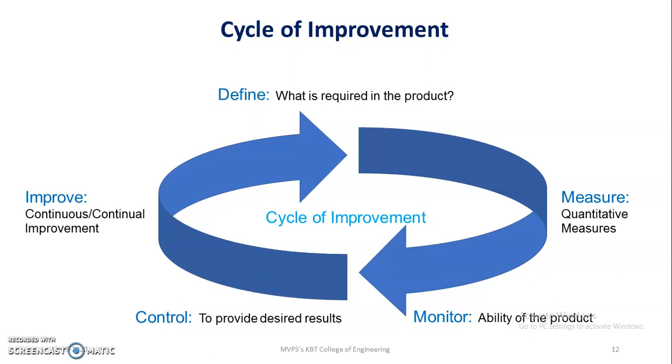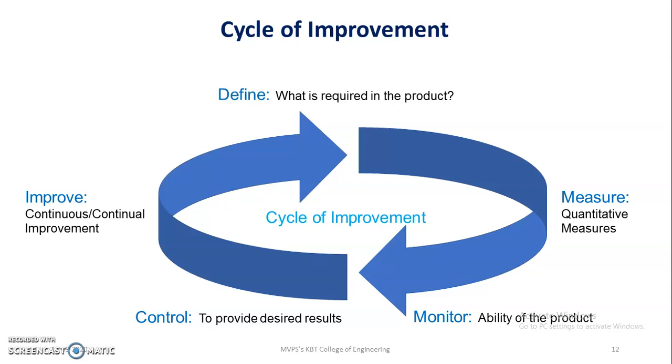The next stage of the cycle of improvement is measure. The quantitative measures must be defined as an attribute of quality of a product. Presence or absence of these attributes in the required quantity acts as an indicator of product quality achievement.